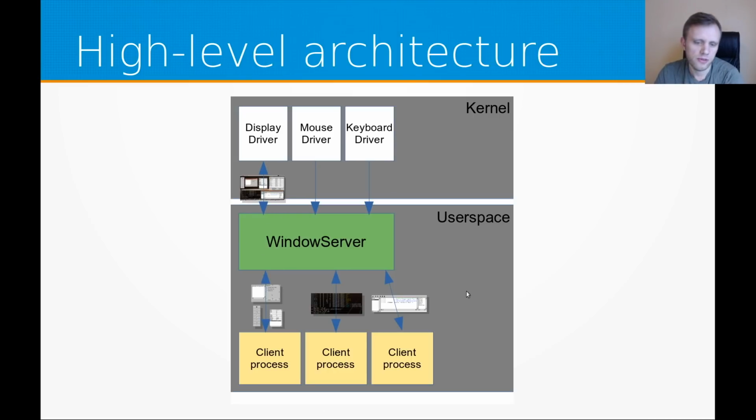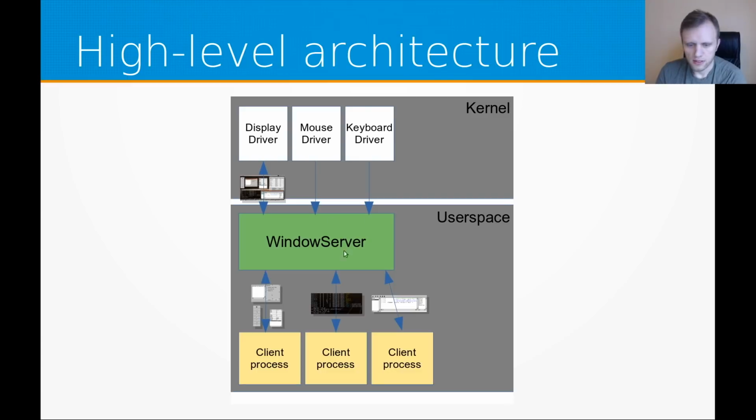But down here in user space is where all the compositing stuff and IPC action happens. So each client process manages its own bitmaps. There's one per window, and then they communicate back and forth with the Windows server, and then the Windows server takes all of these window bitmaps and composes them into a single screen bitmap, which is then blitted into the display frame buffer.